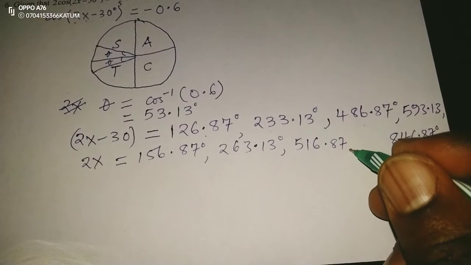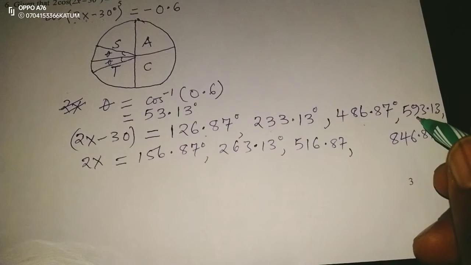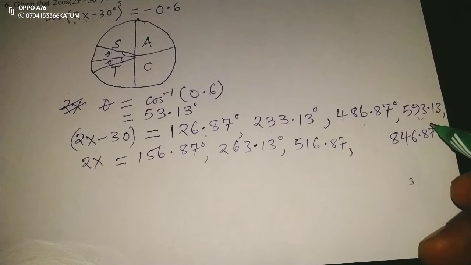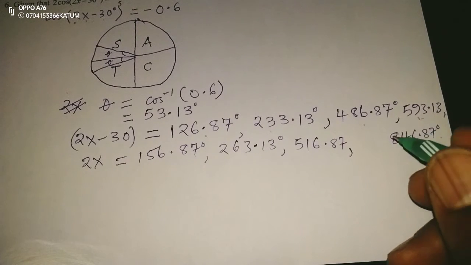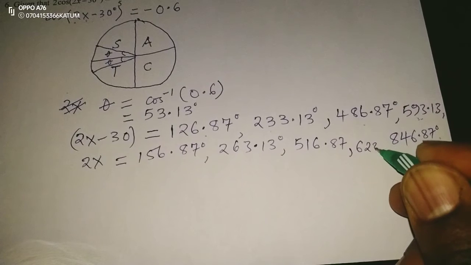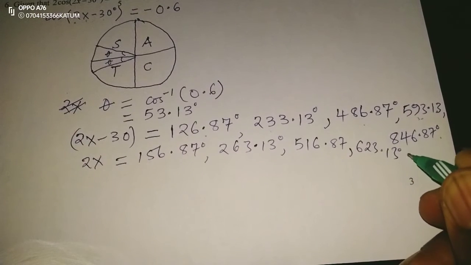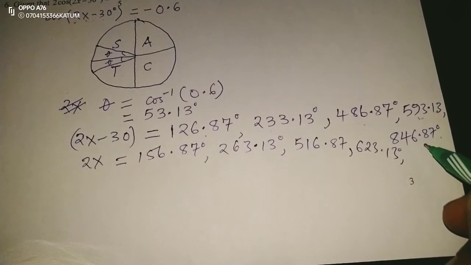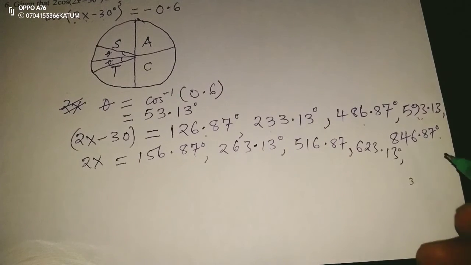Then we go to the next, 593.13 plus 30 becomes 623.13 degrees.